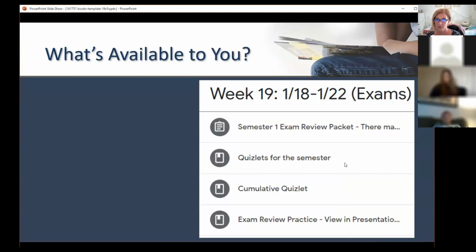So if you felt like you just had one specific topic you wanted to quiz yourself on, or there's also a Cumulative Quizlet that covers the whole chapter or the whole semester. And this is off of the original review guide. I had slimmed yours down just a little bit.